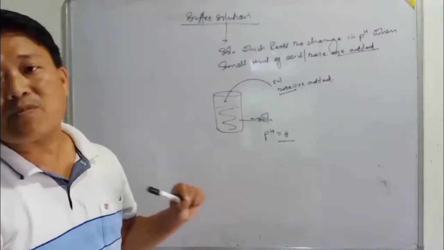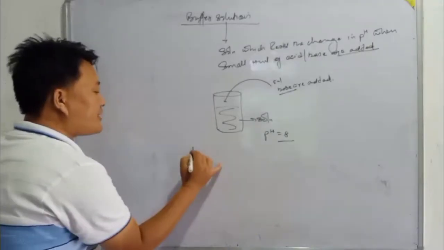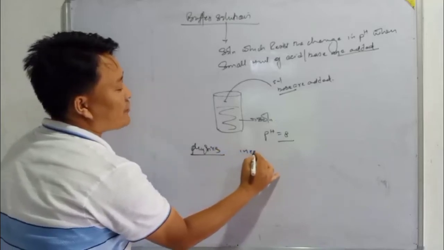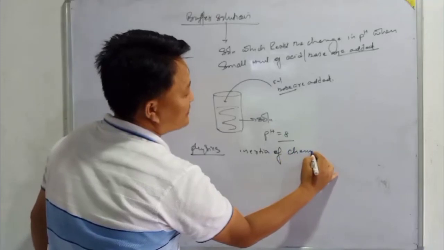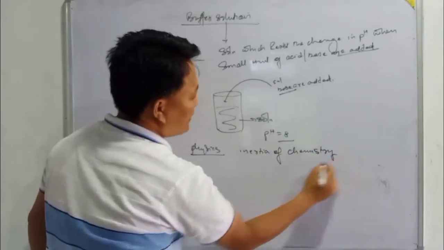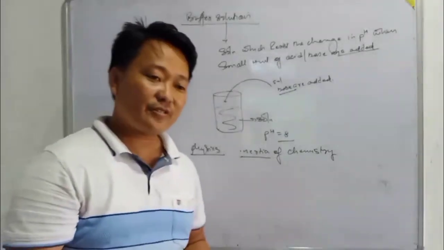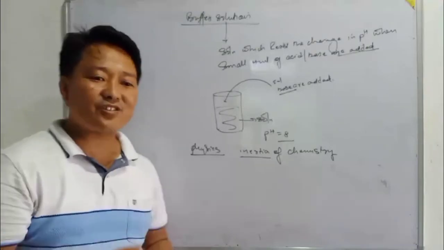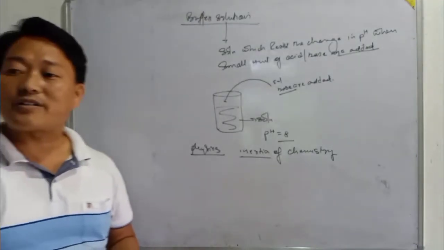And that type of solution is called a buffer solution. In the same way in physics, you can see inertia. It is the inertia of chemistry. Inertia means which resists change. Those objects which are in rest will continue rest, and which are in motion will continue motion.